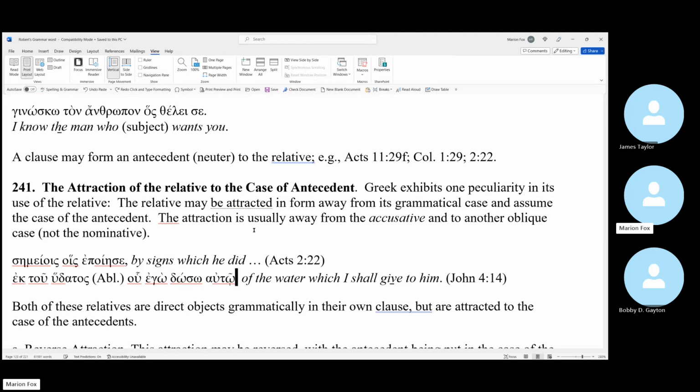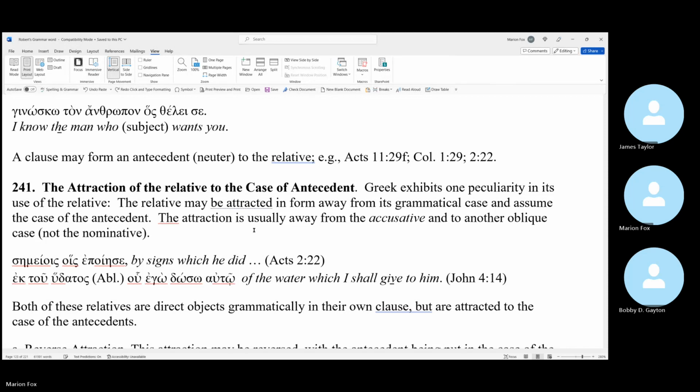It's usually away from the accusative to another oblique case. And of course, the nominative case is not an oblique case. I don't believe the vocative is either. So it would be an attraction away from the accusative to the genitive, ablative, dative, instrumental, vocative cases. That would be your other oblique cases.